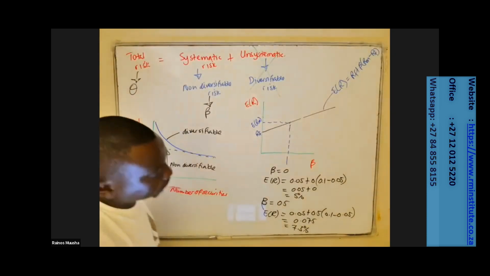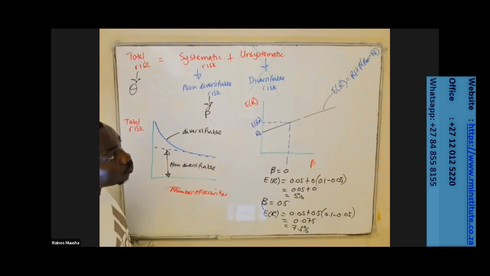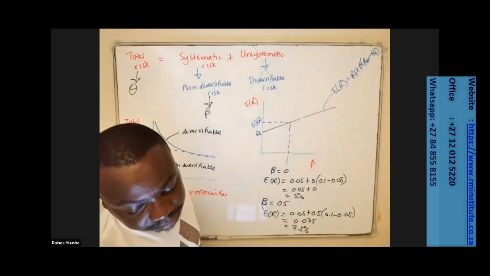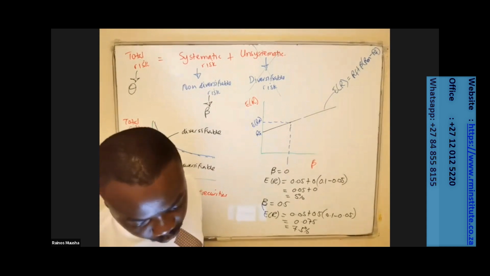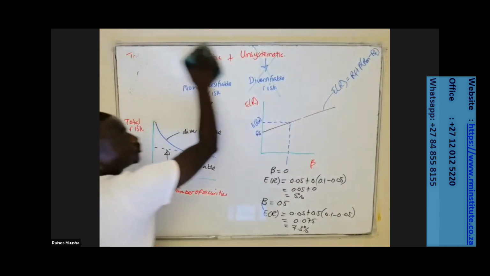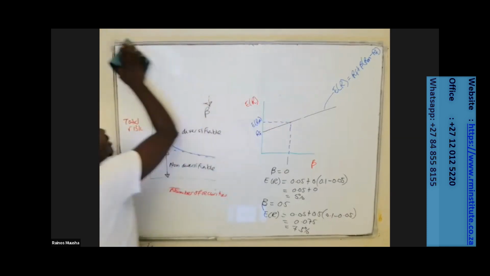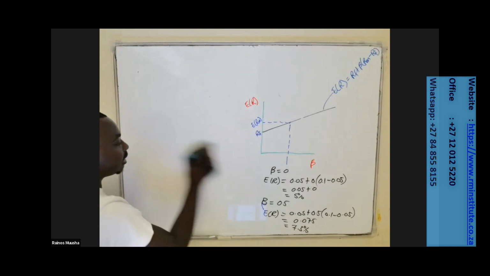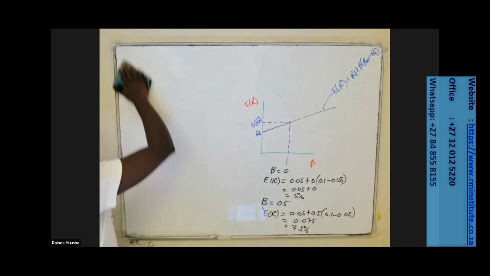Now, we also go on further to see how you determine the beta of the security, when you look at the relationship between the return in the market and the return in the assets.